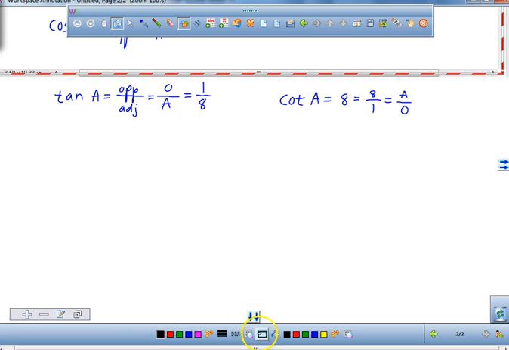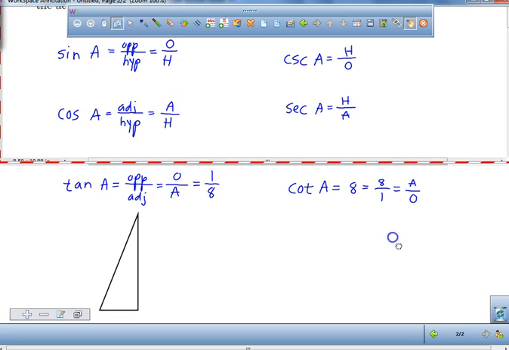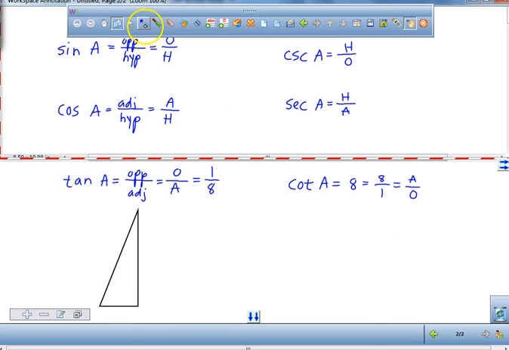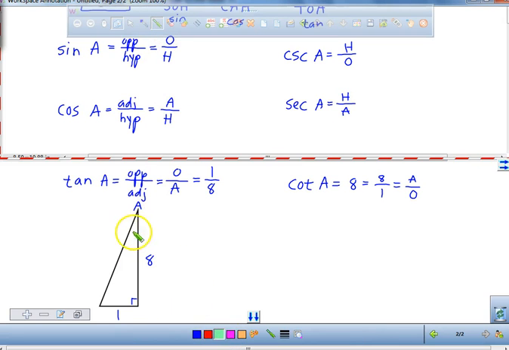So what I'd like you guys to do is draw a picture of this triangle right here. There's multiple ways to draw this right triangle. We're just going to draw it like this. We're going to call this side 1, this side 8. We're going to label this angle capital A. Here's the measure of my angle right in here.